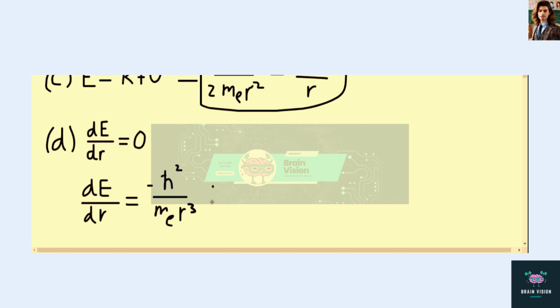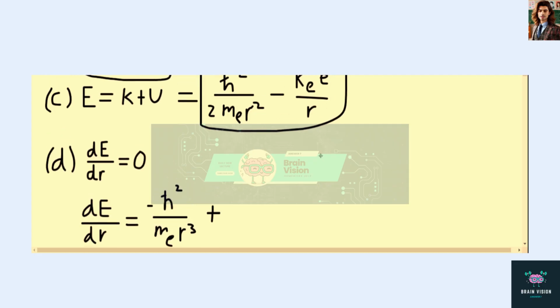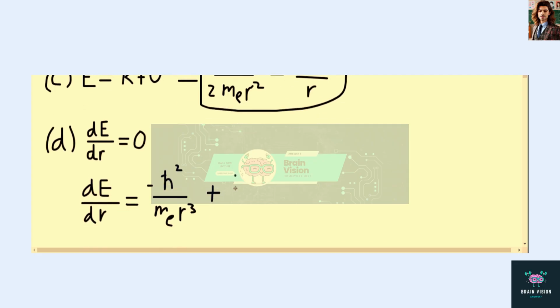And then plus, since we're taking the derivative with respect to the second one, the negative sign goes away since r is on the bottom. We get k sub e times e squared over r squared. And then since dE/dr is equal to 0, we can set all of this equal to 0. This is r squared, so we can multiply through by the r squared value, and that gets rid of that r squared, and that r cubed goes away, and we're left with just r.